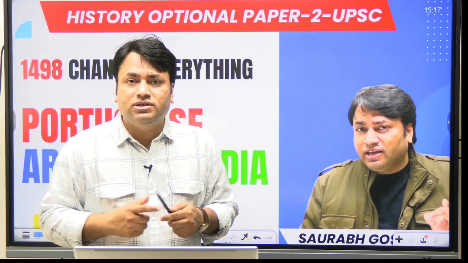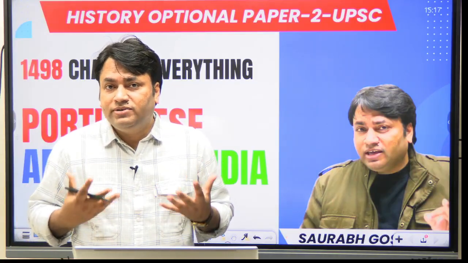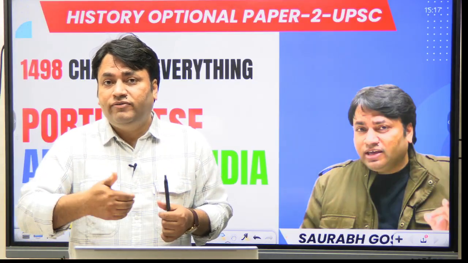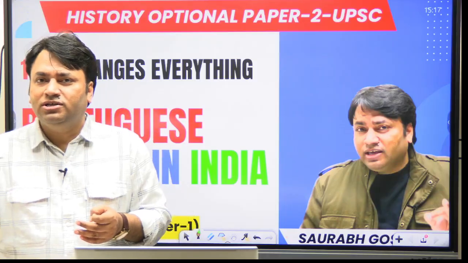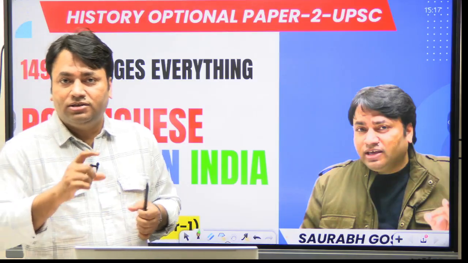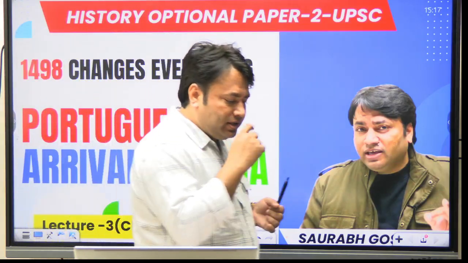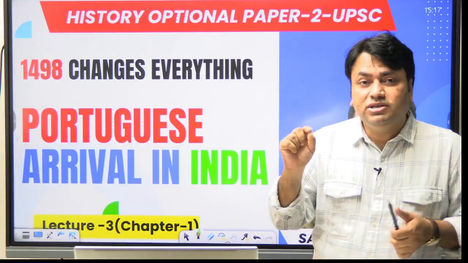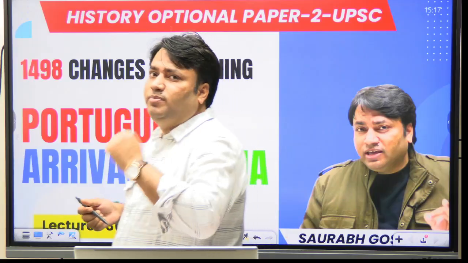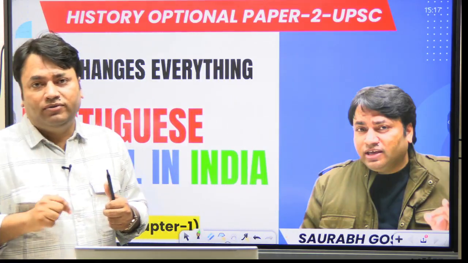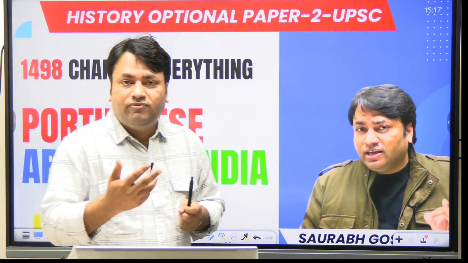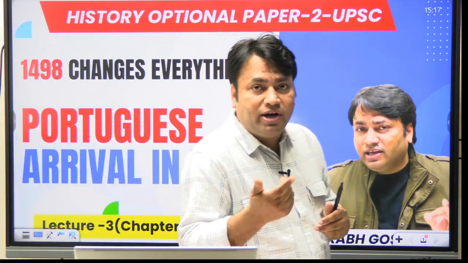We need to discuss a comparative outlook: what was the difference in the nature of Portuguese, Dutch, French and British imperialism. Imperialism and colonialism is a chapter from your world history part, and there you need to study the nature of British, French, Dutch and Portuguese imperialism.